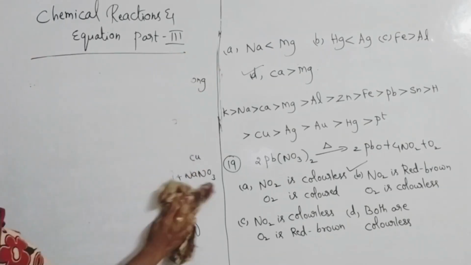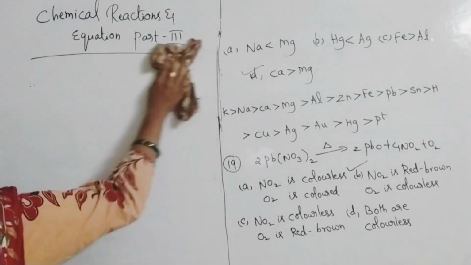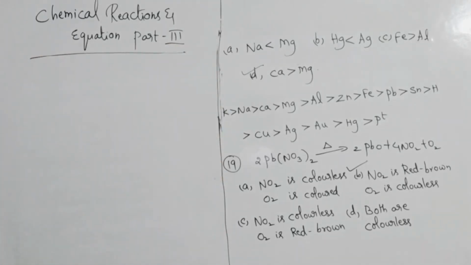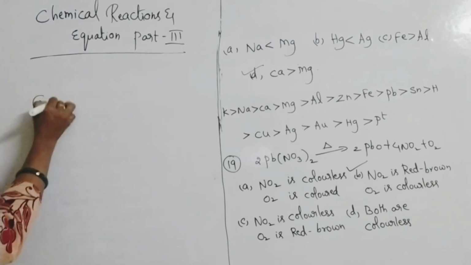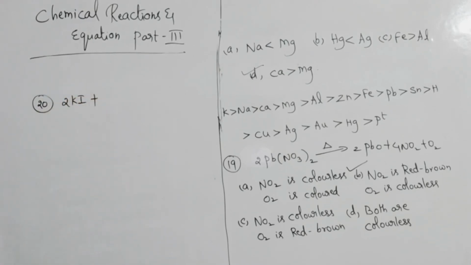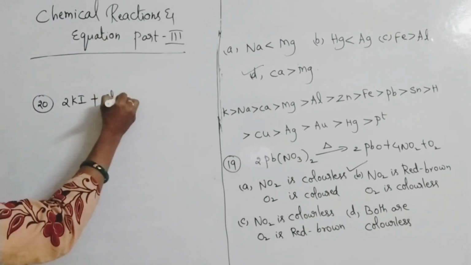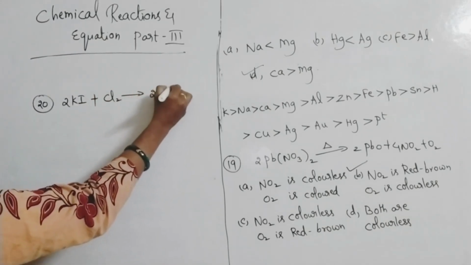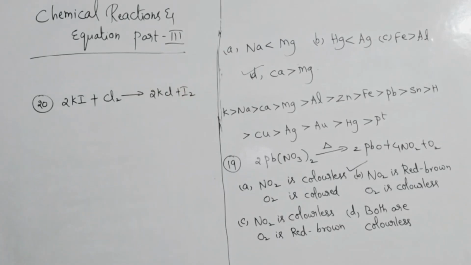Now let us move on to the last question, question number 20. 2 KI plus Cl2 gives rise to 2 KCl plus I2. It's an example for dash. 2 KI, potassium iodide, plus Cl2 gives rise to 2 KCl plus I2.